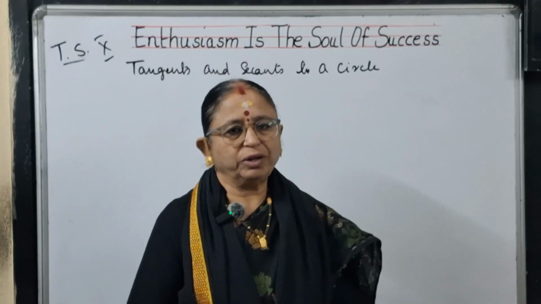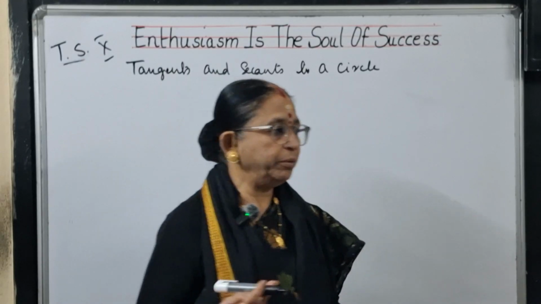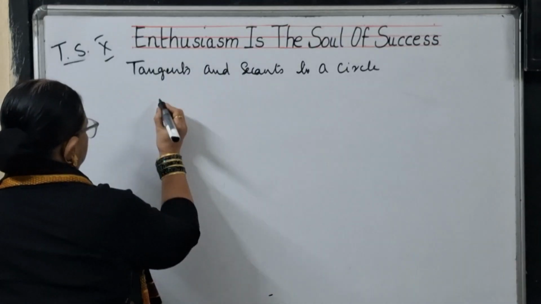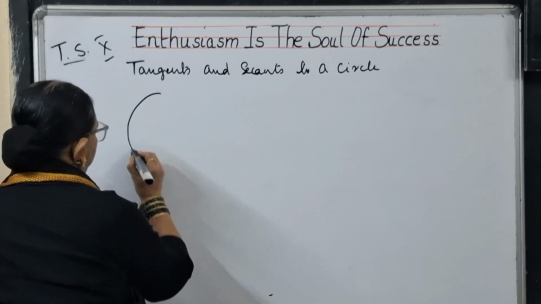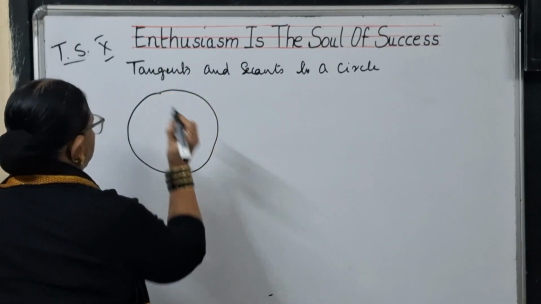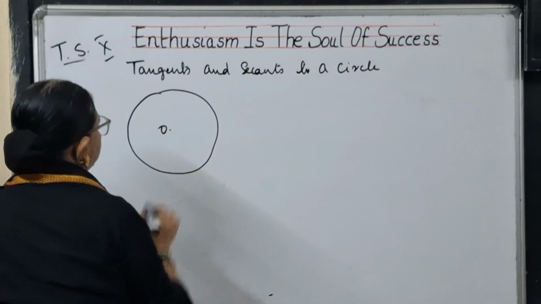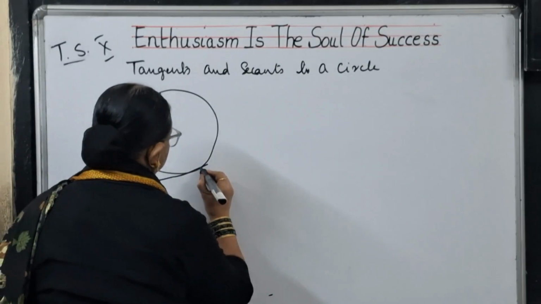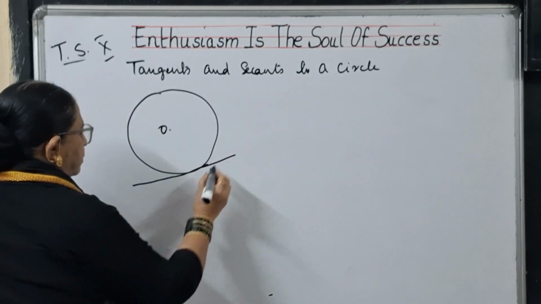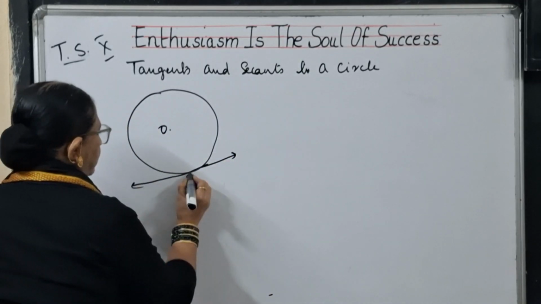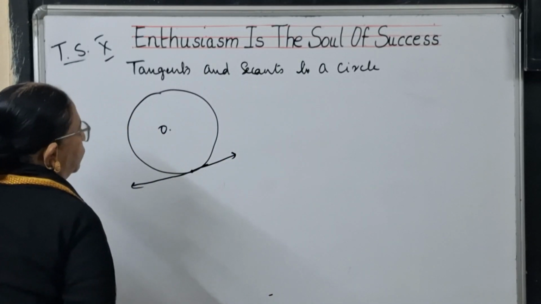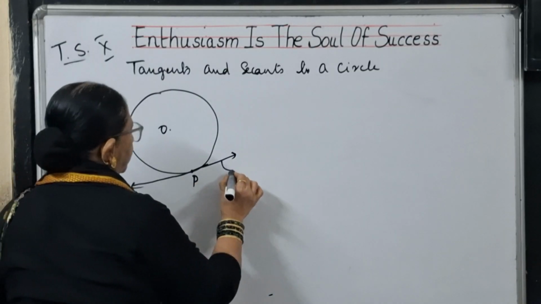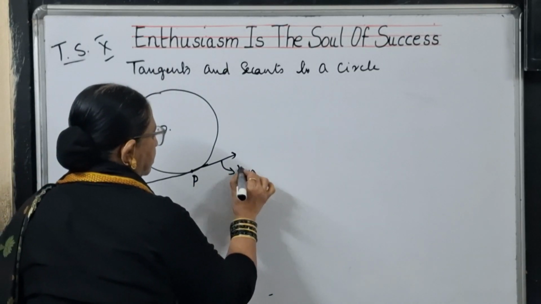So first you should have knowledge about the meaning of these two terms, tangents and secants. If you draw a circle, suppose this is a circle with center O. If you draw a line which is intersecting the circle at only one point P, this is called a tangent.